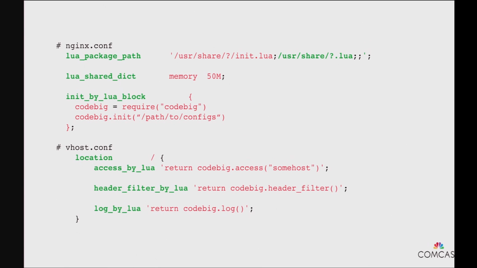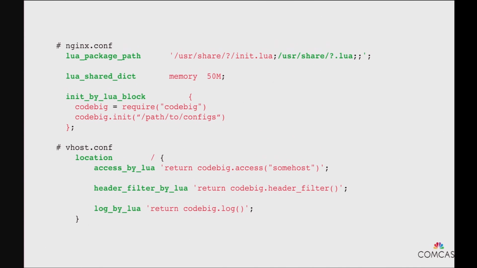So the first line we just say, where is our code going to live? And for various reasons, thanks to the RPM package management, it tells us to put them in user share. Whatever, I would have done user lib, but that defines a way to look up files when you say require codebig. It's going to look at user share codebig init.lua or user share codebig.lua.